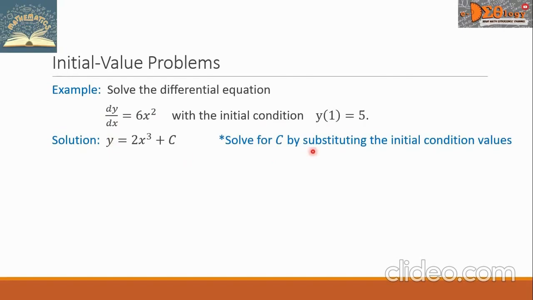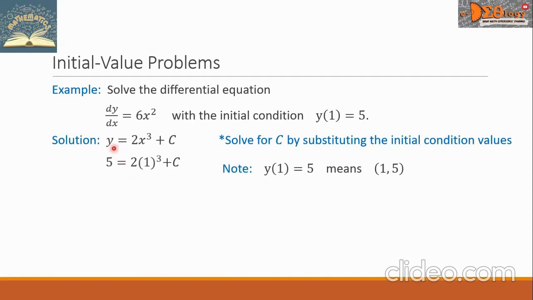We will do that by substituting the initial condition values. Take note that this notation means there is a point that corresponds to 1, 5. The x value is the 1 and the y value is 5. Let us now substitute these values in this equation.